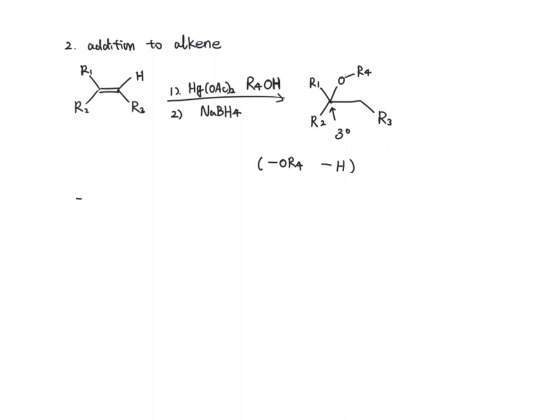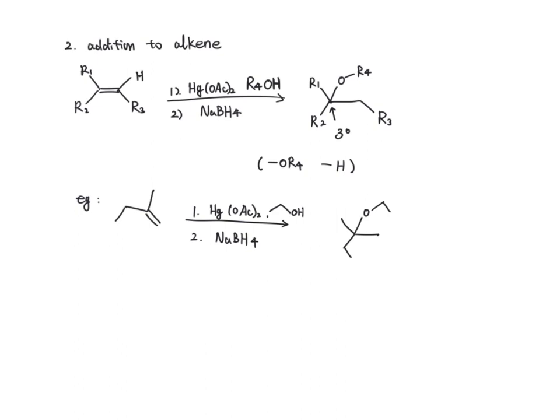And for example, let's look at this. If we have this alkene here, and in step 1 we introduce the mercury acetate and we have ethanol, and in step 2 we have sodium borohydride. So what we basically have here is the OEt on this carbon, and on the other side we add the hydrogen.